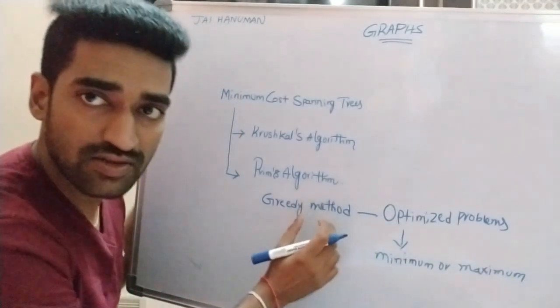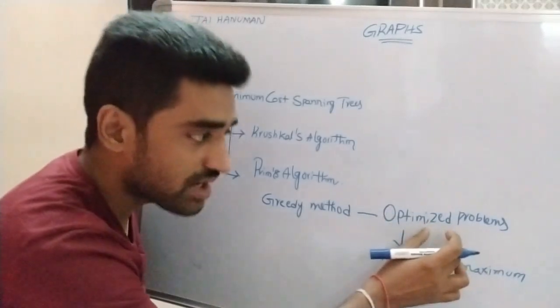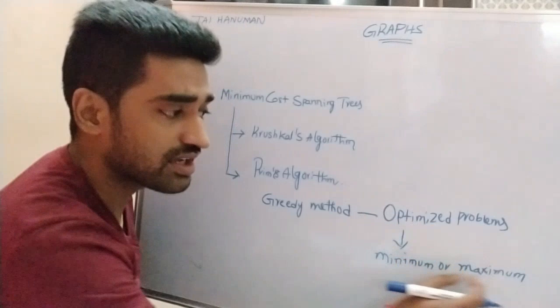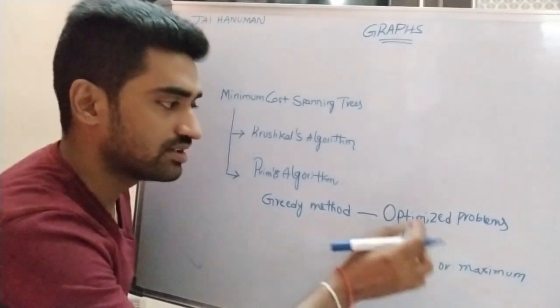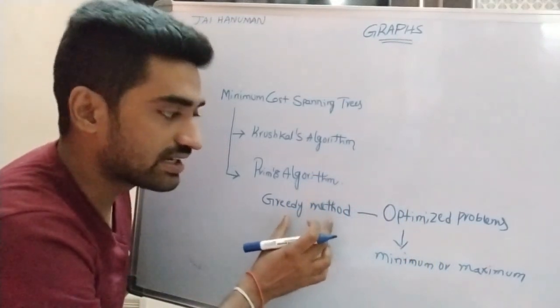Finally, it provides the minimum solution or the maximum solution to the optimized problems. So this is about the greedy method.